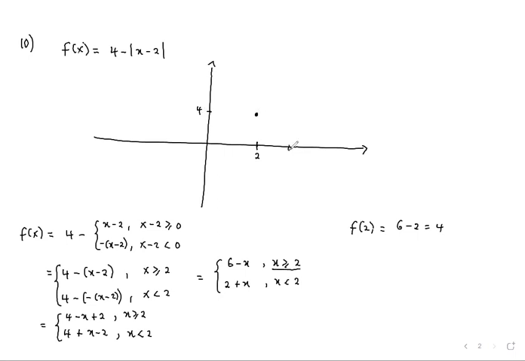Pick a number that is bigger than 2 to get the direction: 6 minus 3, which is equal to 3. Just telling you that this is going to come down. So you graph it this side in this way.